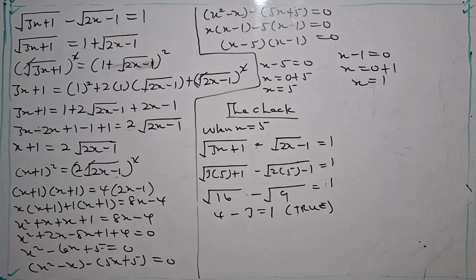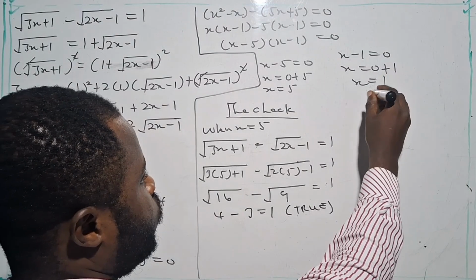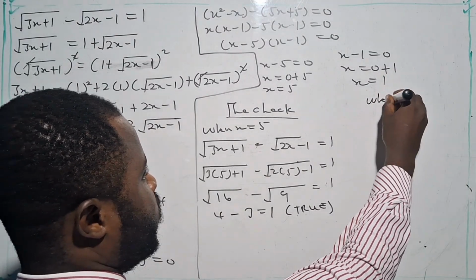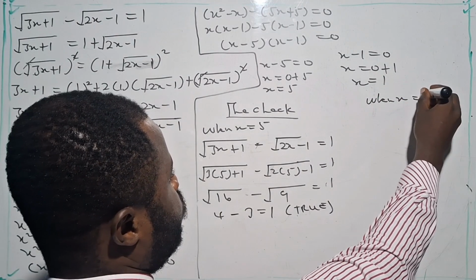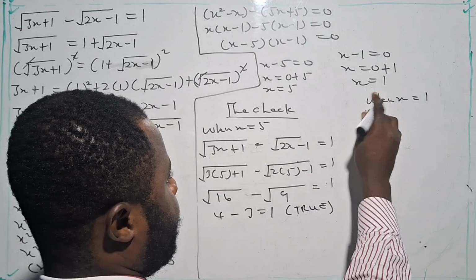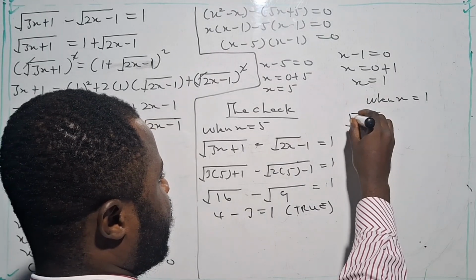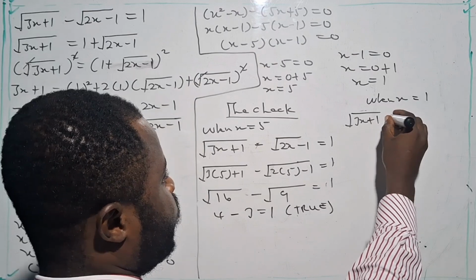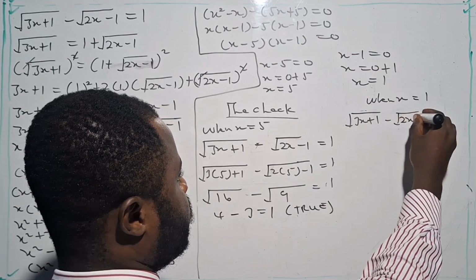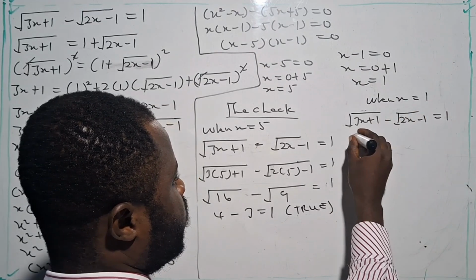When x is equal to 5, it makes the statement true. So let's do when x is equal to 1. We have square root of 3x plus 1 minus square root of 2x minus 1 is equal to 1.